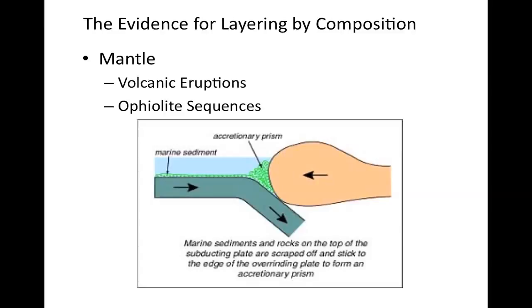And we call that an accretionary prism. An accretionary prism is basically the marine sediments, but also the rocks of the oceanic lithosphere that's subducting. And we actually see that in the rock record in a few choice locations around the world. It's not very common to find, but when we do find it, it's got evidence of the mantle in it usually. Let's go ahead and go to the next slide.